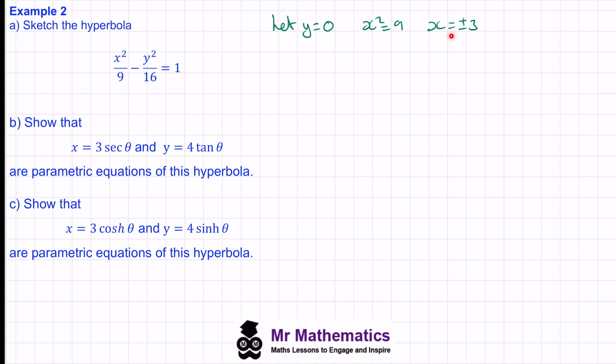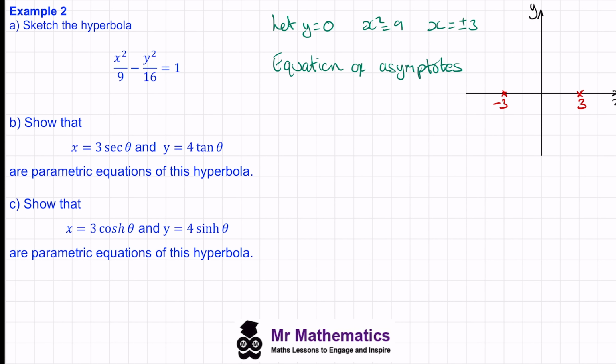And now I can begin to sketch the hyperbola. So we'll have a root at positive 3 and a root at negative 3. And to find the equation of the asymptotes, we'll let x and y both tend to infinity.